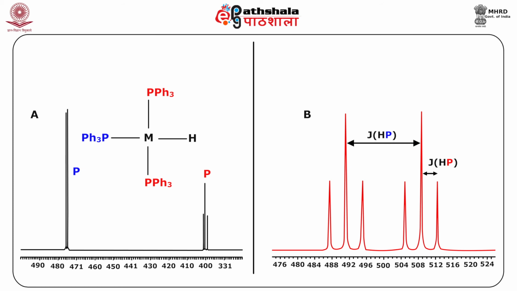The phenyl protons in the molecule are far away from the hydride atom. Hence, coupling will not be observed with the aromatic protons. Now, let us note some important points about this spectrum.